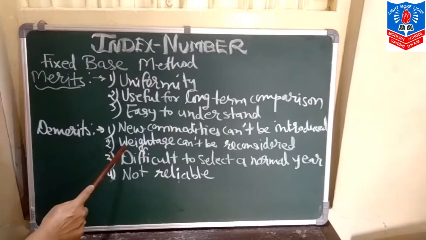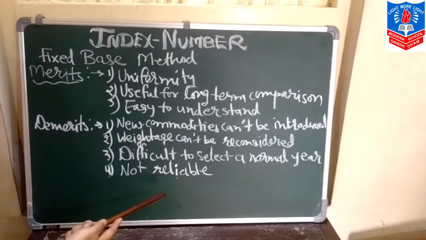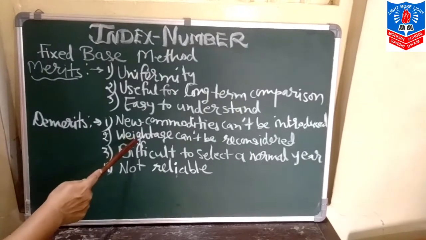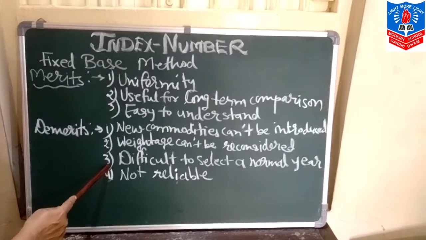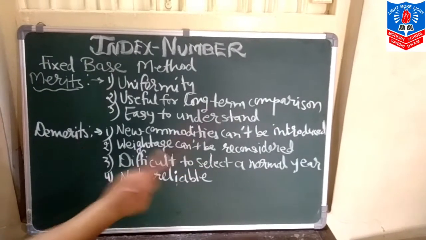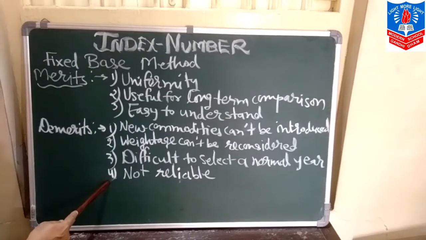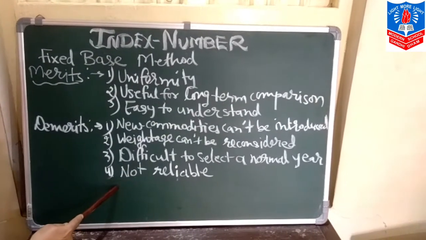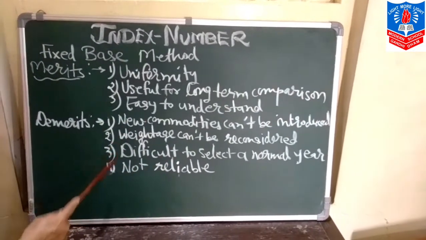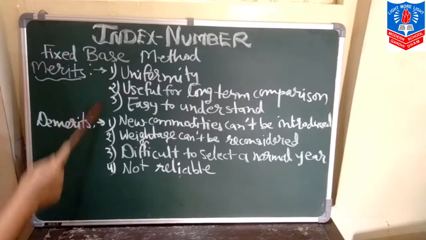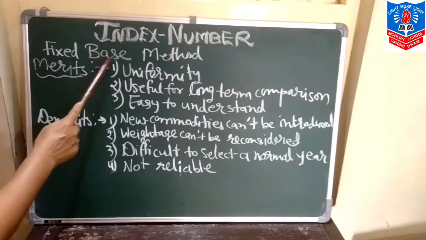Number two, the weightage of different commodities is required to be reconsidered, and this is not possible in the fixed base method. Number three, it's difficult to select a normal year. And the last one is that the results are not reliable if the base year is not selected properly. So here are 3 and 4, merits and demerits of the fixed base method.